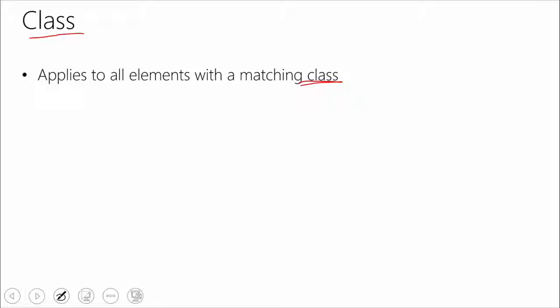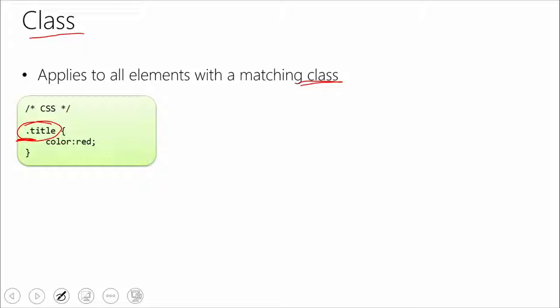So there are going to be two moving parts here. The first moving part is going to be inside of CSS. You're going to notice here that our syntax is slightly different from what we had before. Previously we just simply said the name of the tag. Now what you're going to notice is I've got a little dot there. And my dot indicates that this is going to be a class.